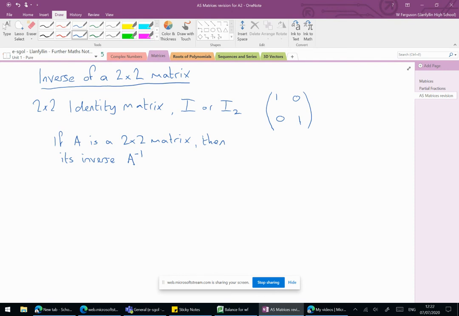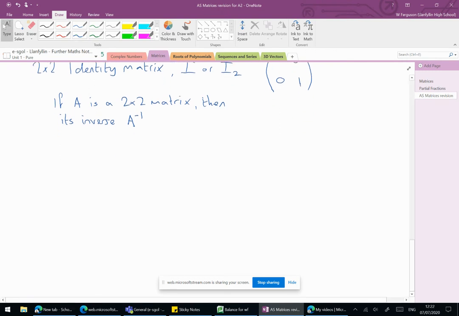So very straightforward thing to do for a 2x2 matrix. So if I have a matrix M, like we did when we were finding the determinant, let's go for A, B, C, D. Don't forget that we can calculate the determinant, det M, by doing AD minus BC.